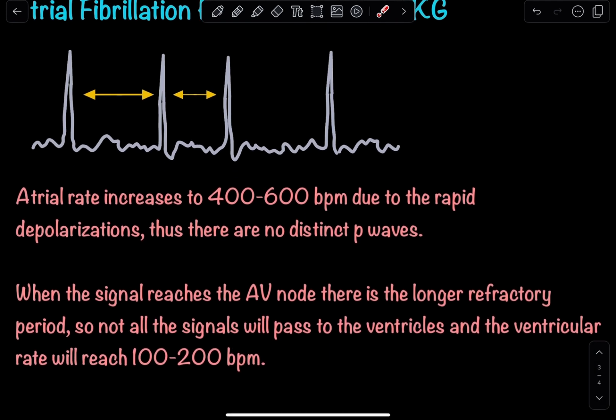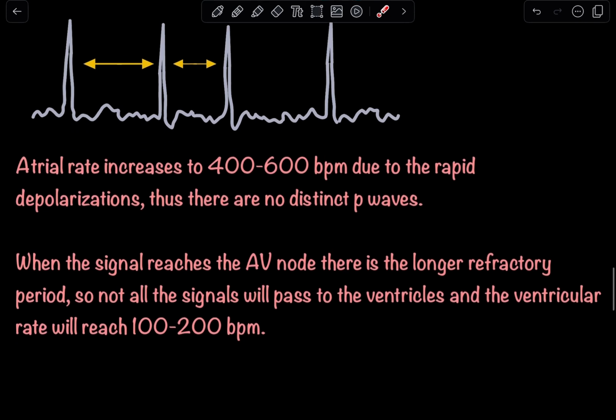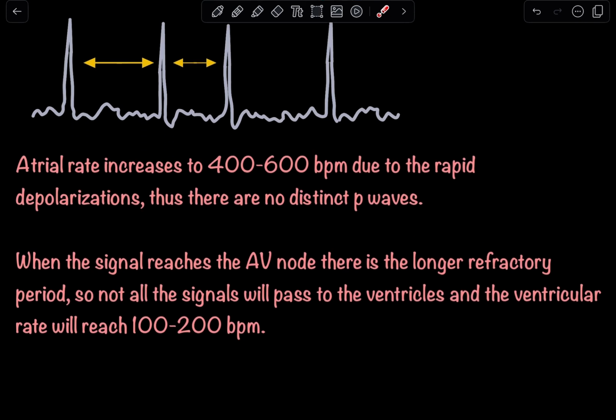Secondly, we can note that when the signal reaches the AV node, there is that longer refractory period. And remember, when we talk about signal transduction, an action potential, a new one cannot be generated until the first one is completed. So since there is that longer refractory period, not all of the signals in the atria will reach the ventricles due to the AV node. So as a result, the ventricular rate will not increase as much as the atrial rate.